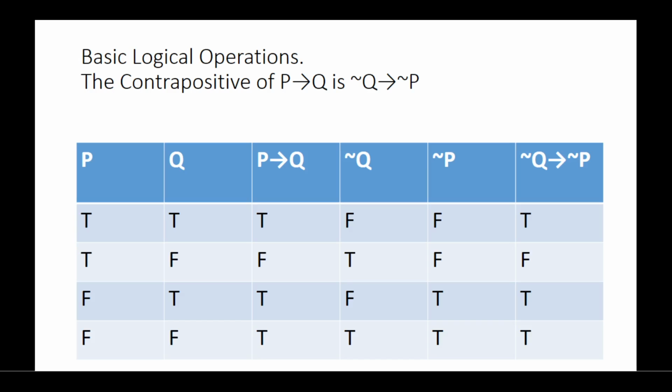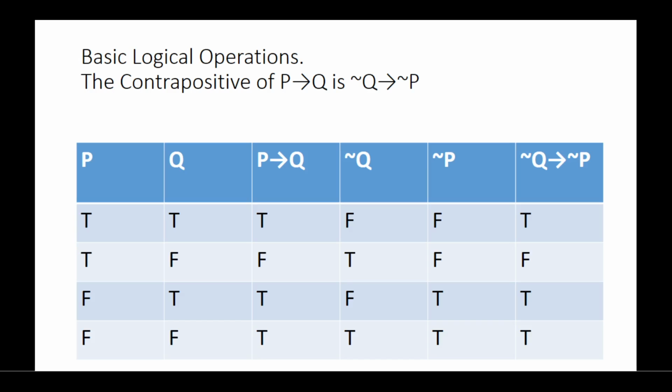Once again, the converse of a given conditional is the new conditional found by interchanging the antecedent and the consequent of the given conditional.